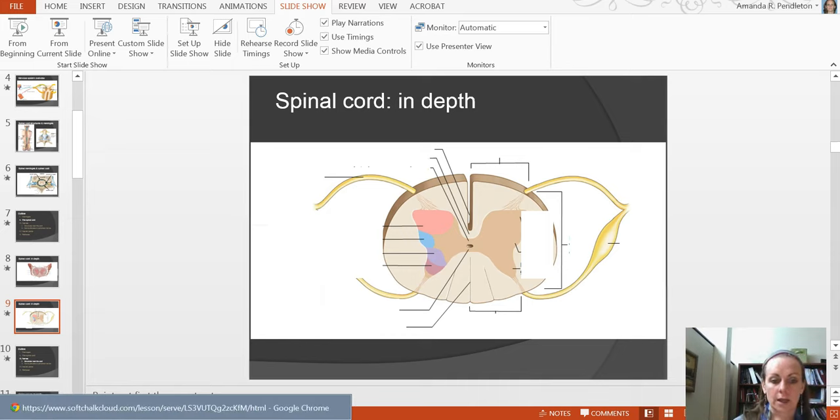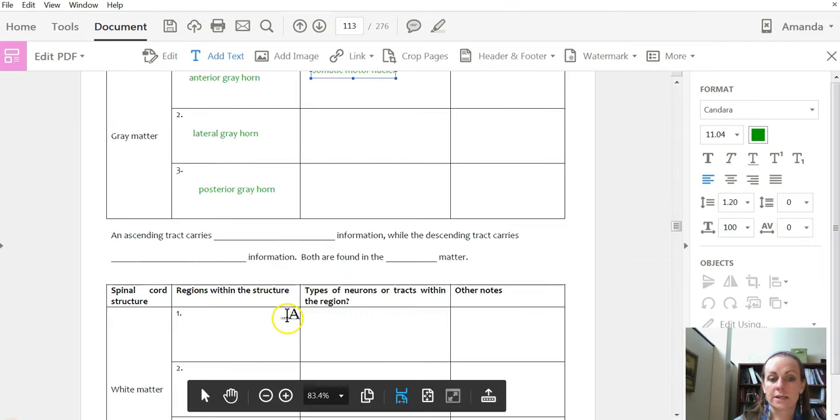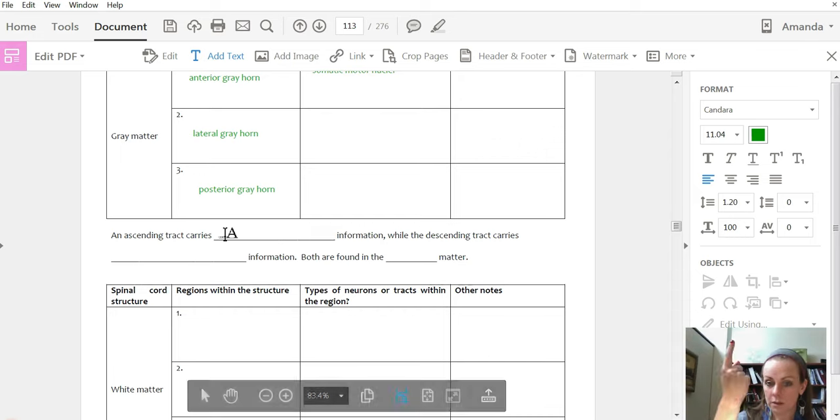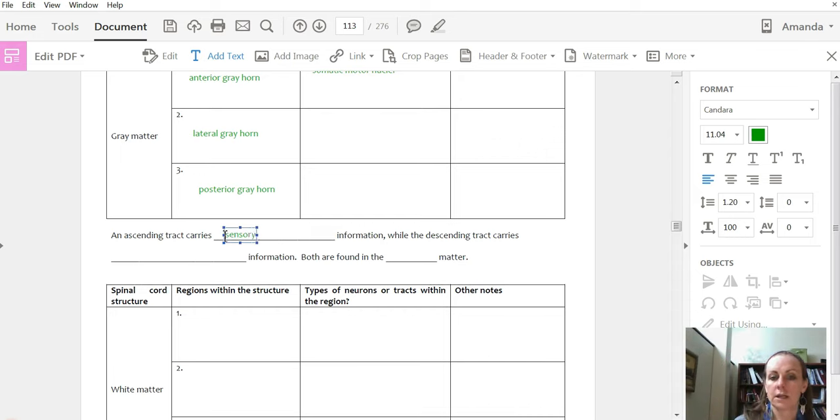And so ascending tracts, which ascending means to go up, those are going to carry sensory information, while descending tracts carry motor command information. Okay, and both of these are found in the white matter.